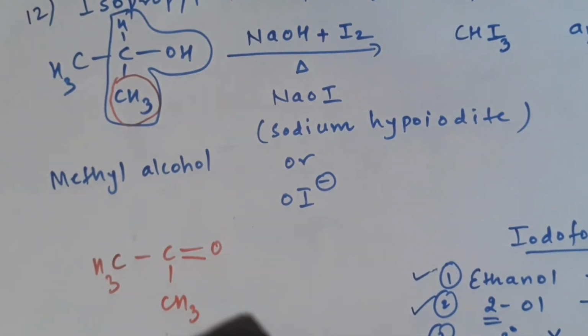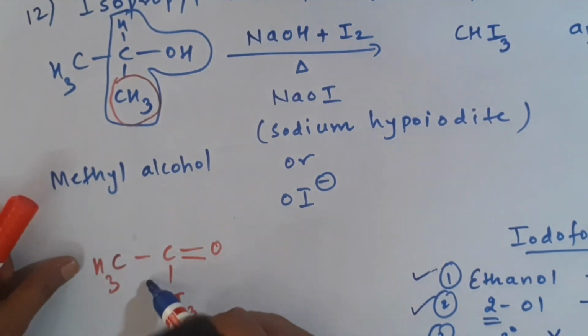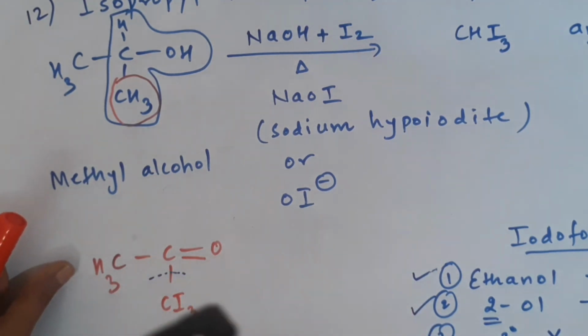Then in the second step, all the hydrogens attached to the CH3 will be substituted by iodine atoms. So you will get the compound CI3, triiodopropanone, and in the last step this bond will break and you will get two products.